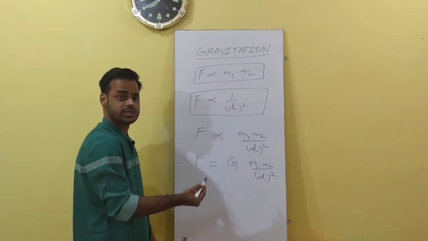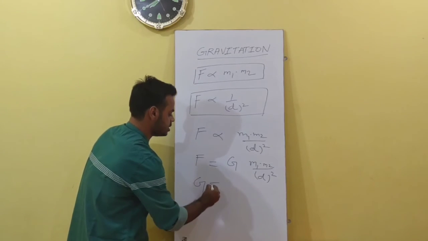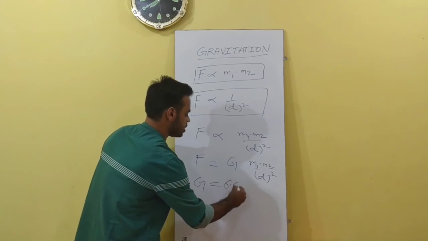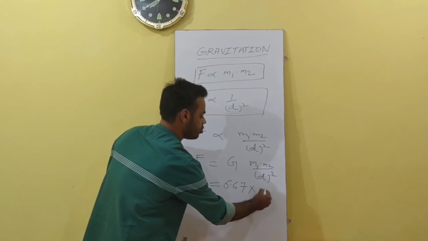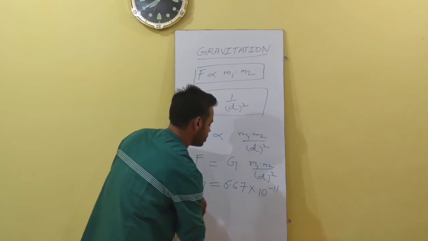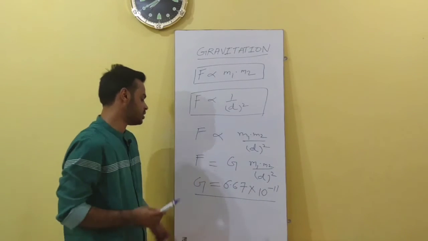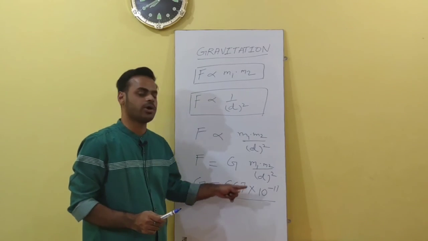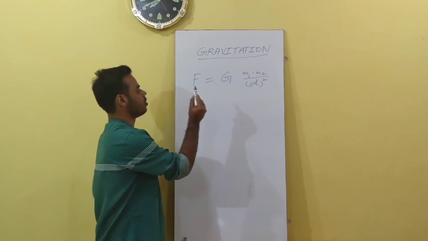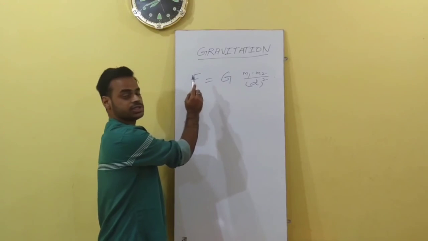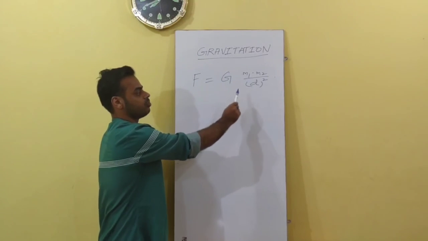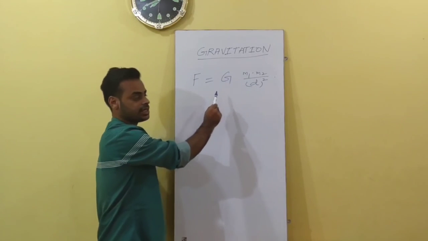So what is the value of this G? The value is G is equal to 6.67 into 10 to the power minus 11. You must note this down. So we got this equation of force F is equal to G m1 m2 by d square, where G is a universal constant.